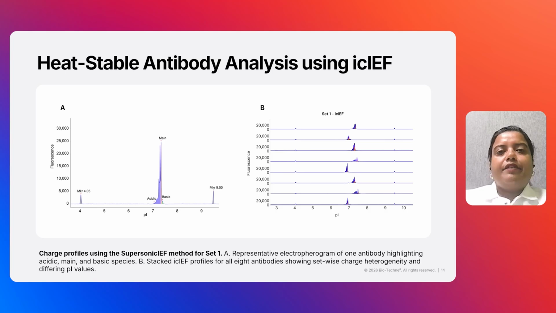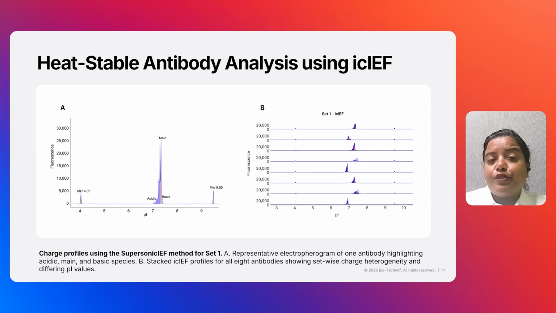Here in this slide, the Maurice system's onboard mixing feature was used for ICIF analysis, where samples are mixed with the reagents automatically in the system right before the analysis. Now, ICIF is a gold standard for charge heterogeneity analysis, with fast method development and platform methods.